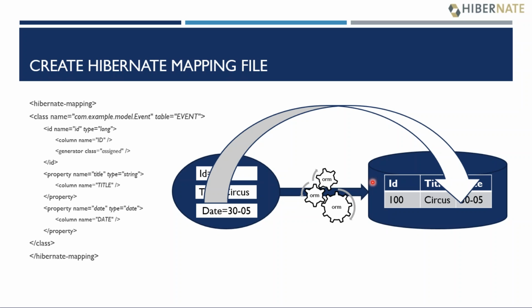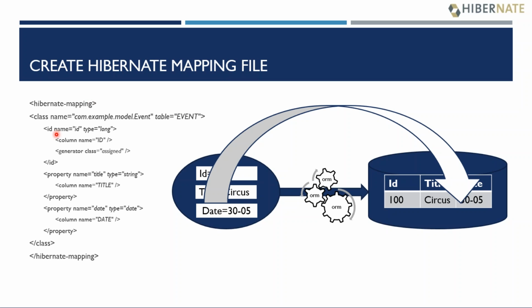I think I have a question. In this case, the ID column, let's say it's the primary key. We don't specify that ID is the primary key here, right? Is it specified in the database, or do we do it in the code here?